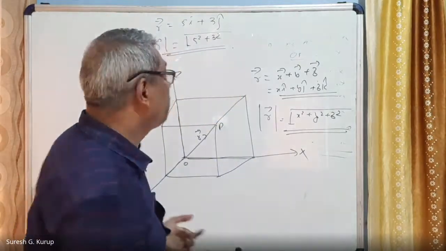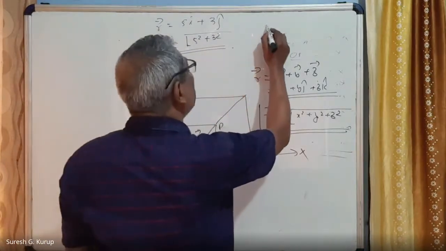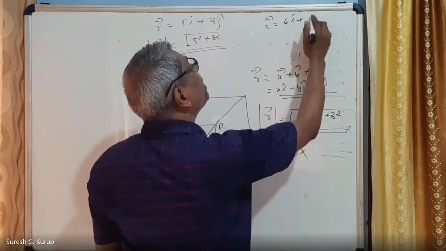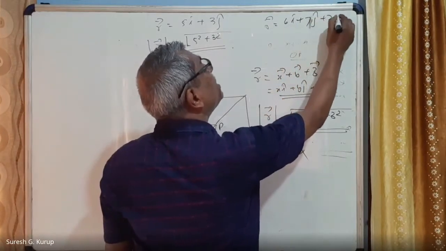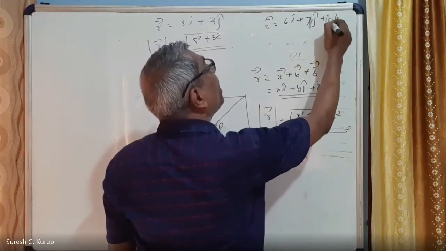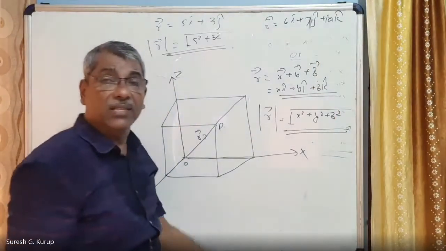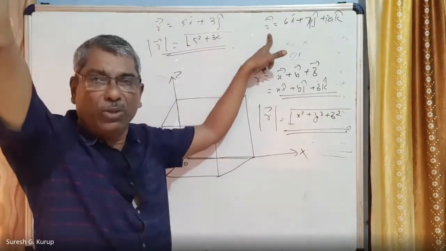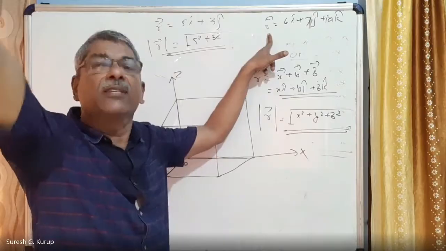If I write the position vector of a kite is given by vector R is equal to 6i plus 7j plus 10k. This is the position vector of the kite above the ground, because the kite is flying in space.